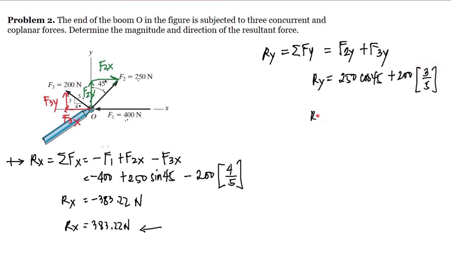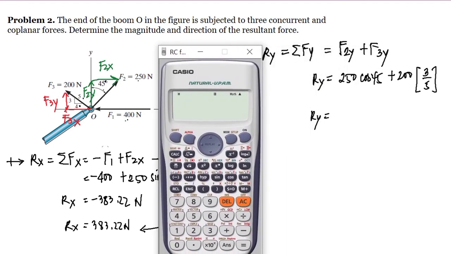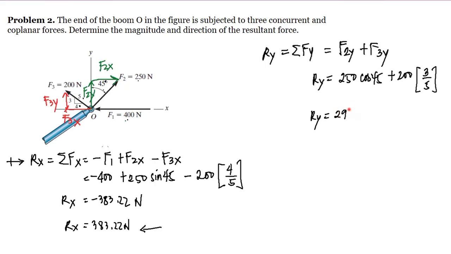Now computing for the value of the Ry, we have 250 cosine 45 plus 200 multiplied by 3 over 5. And this is equal to 296.78 Newton.